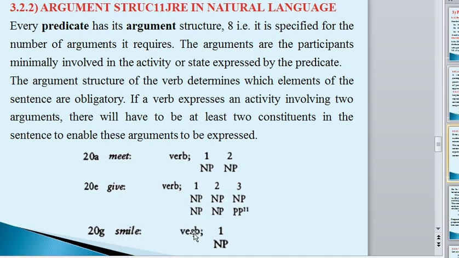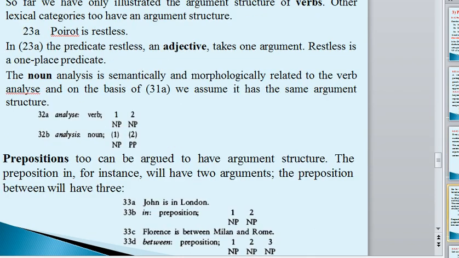It's a kind of verb which needs just 1 argument or participant, which is its subject. Okay, so we call it an intransitive verb. Transitive verb, ditransitive verb, and intransitive verb. So it is based on the arguments it needs. So this is the classification of verbs based on the argument.